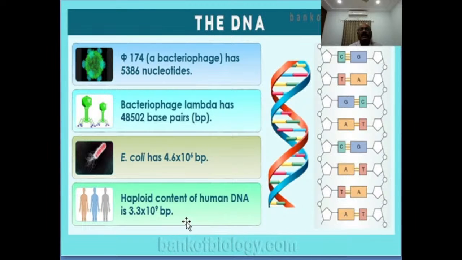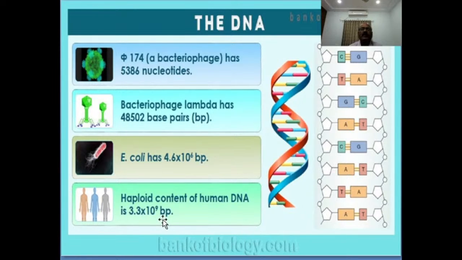So each cell in a human being possesses 2 sets. So the haploid content of human DNA is 3.3 into 10 to the power of 9 base pairs.